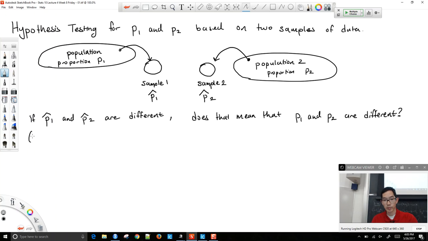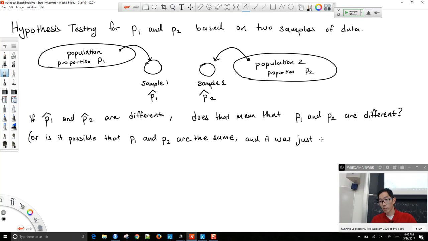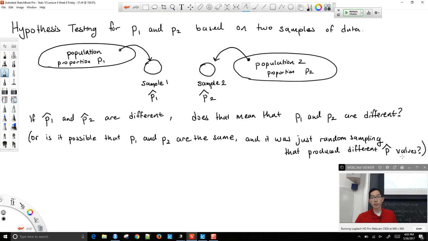That's what we want to answer: if P hat 1 and P hat 2 are different, does that mean the respective populations have different proportions, or is it just random sampling behind this?